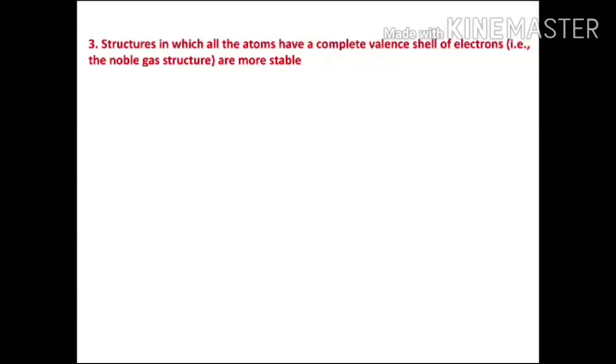For example, in the same structure, the first one has carbon with 8 electrons surrounding it and oxygen with 8 electrons, but in the second structure carbon has only 6 electrons. So in the first structure carbon has an octet, so that structure is more stable compared to the second structure. Structure A is closer to your resonance hybrid.